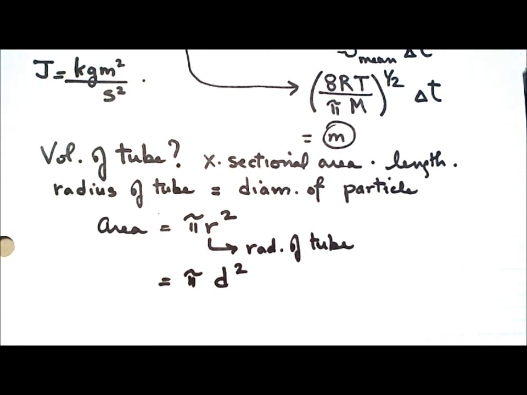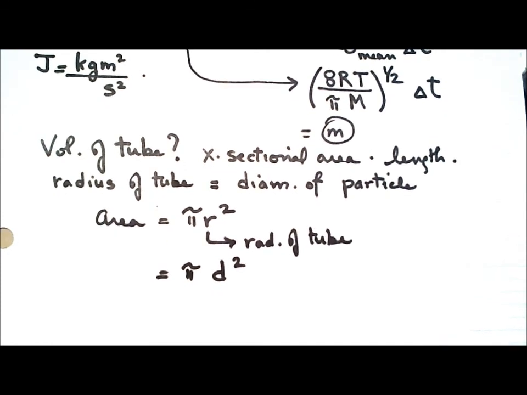Okay, so the formula looks a little bit off for the area because it should be pi r squared when you look at it at face value. But of course we understand why it's written as pi d squared, because it's the diameter of the gas particle, which is equal to the radius of the tube. So back to the volume then.